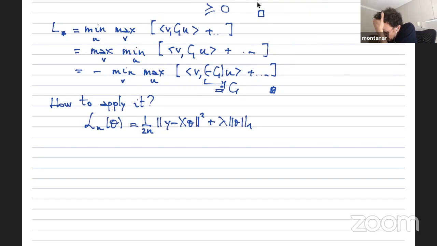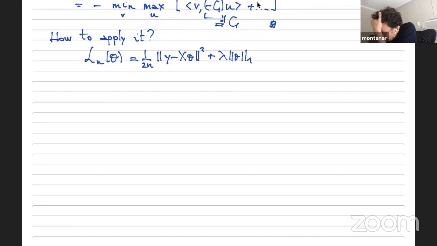Okay, and what I'm interested in is the minimum over theta of L_n of theta.